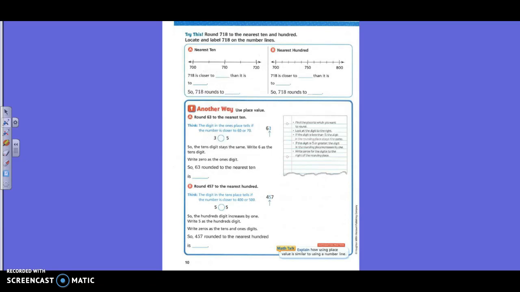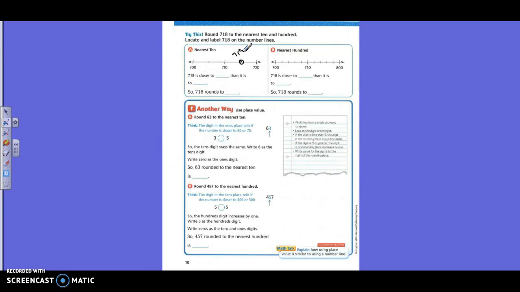So, let's find, where would you write 718 up here? Where would 718 go? Alexander? Very close to 720. Okay. This number right here in the middle is 715.